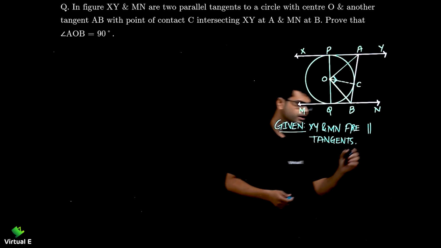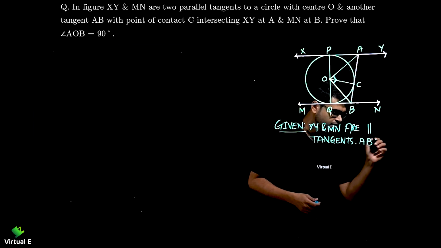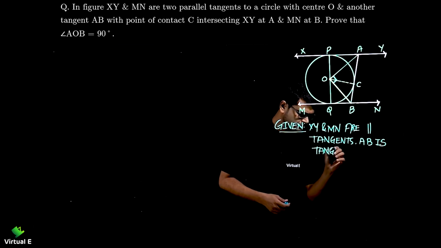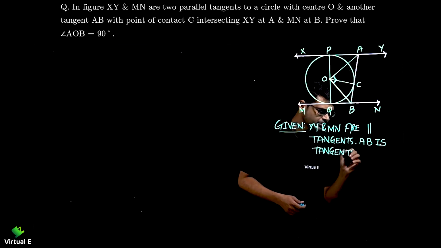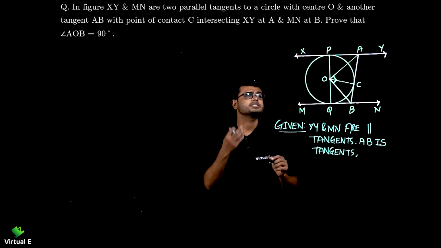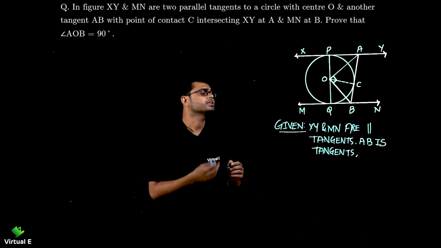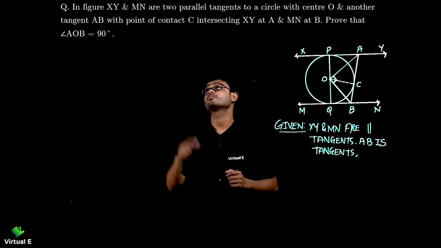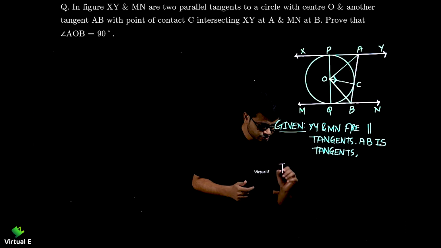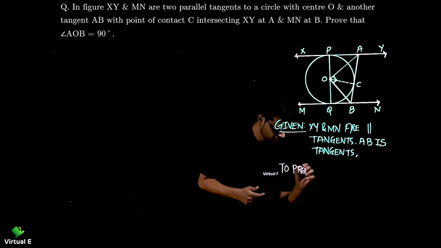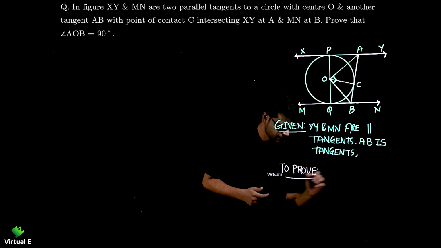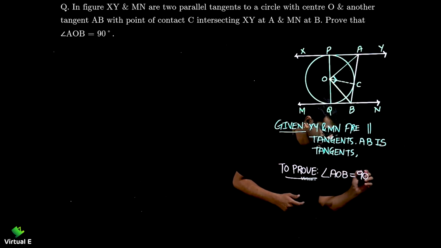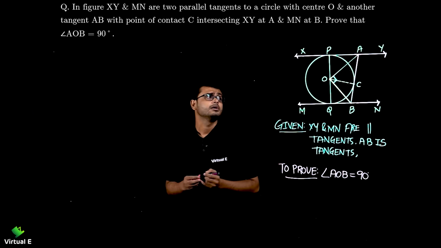AB is also a tangent. Any other information? O is the center of the circle. That is okay, no worries. Now let's write what we need to prove. We need to prove that angle AOB is equal to 90 degrees, right?